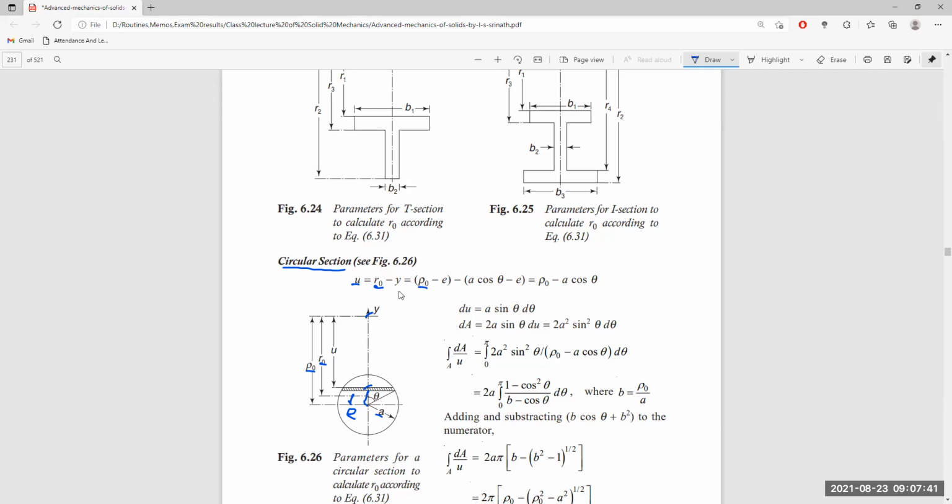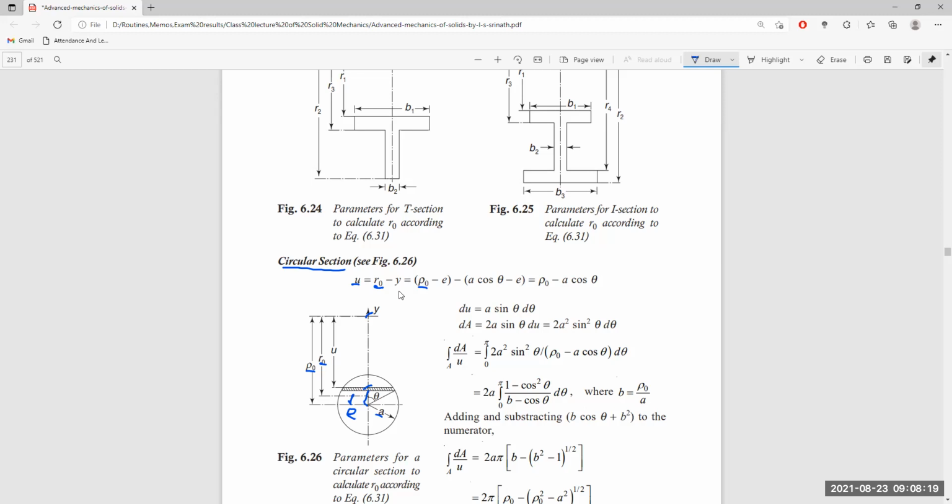So y becomes, this is the value of y, and we put it as a cos theta minus e. a cos theta minus e means a cos theta is this distance and e is the difference between the distance of the center of gyration from the neutral axis, which is r0, and that of the central axis, which is equal to rho 0.